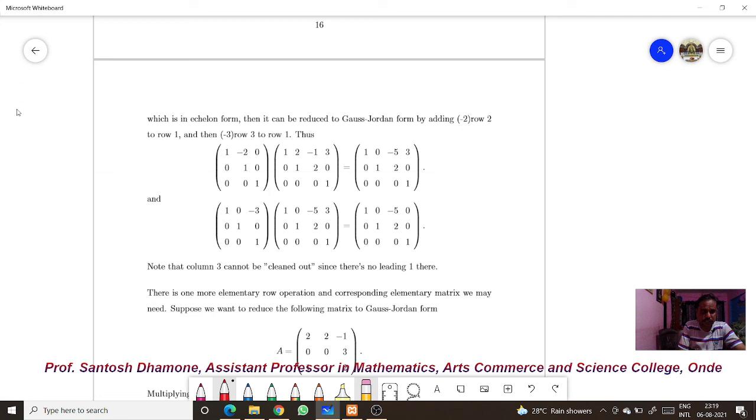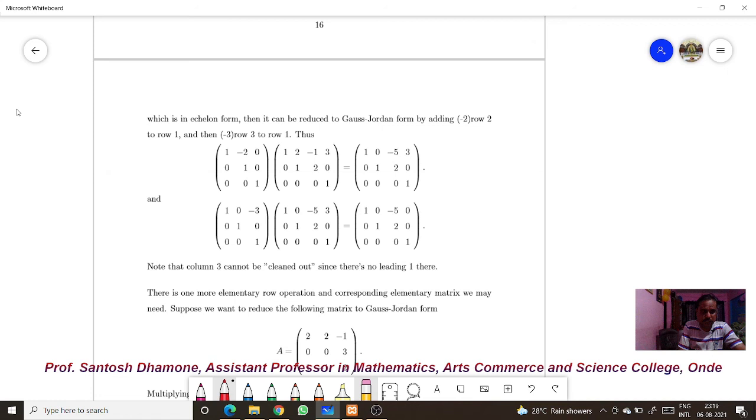We multiply this matrix by the last matrix, and we get 1 0 -5 0 0 1 2 0 0 0 0 1. Note that column 3 cannot be cleaned out since there is no leading one here.